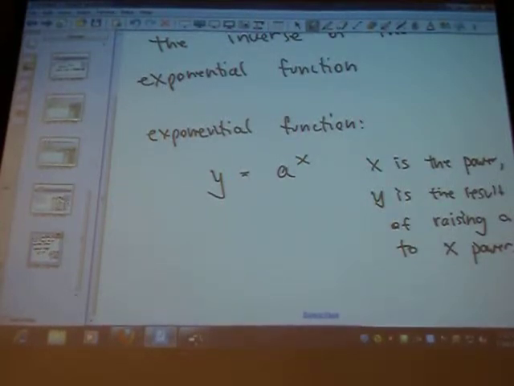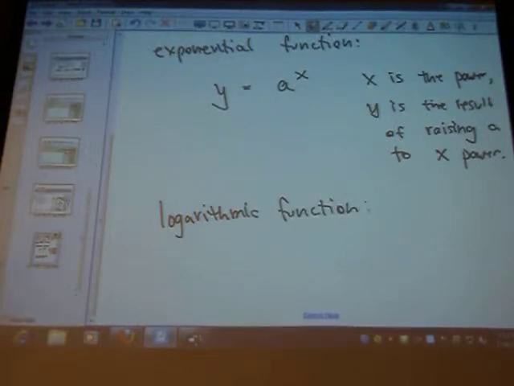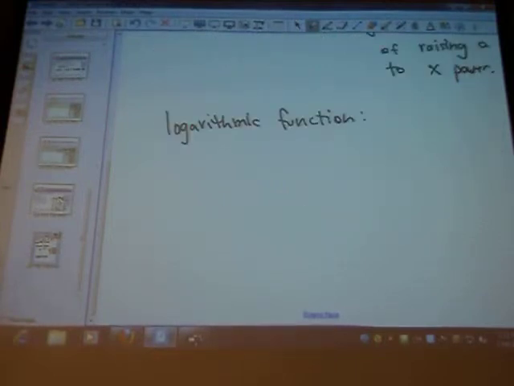Okay? The logarithmic function does the opposite. Now the logarithmic function, the way it's written is very weird to people if you haven't seen it before. What messes people up, honestly, is just knowing what the notation means. The way it's written is y equals log. You just write L-O-G, that means the logarithmic function, with a as the subscript of x.